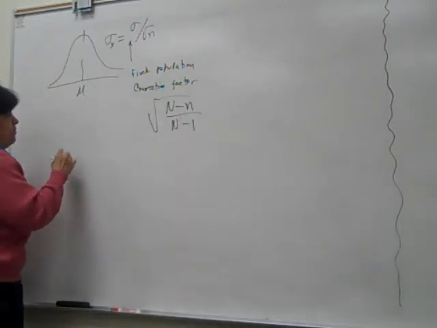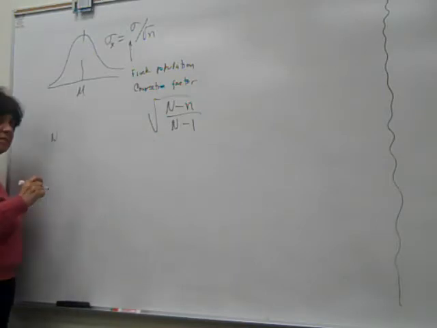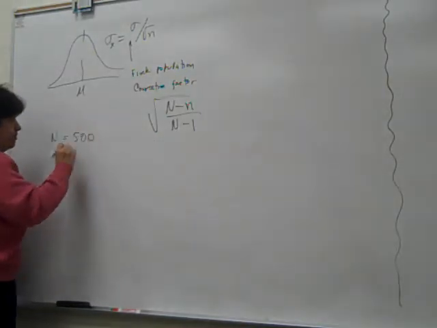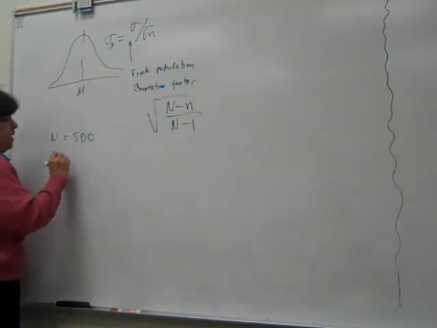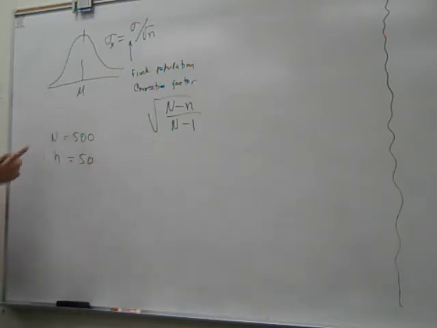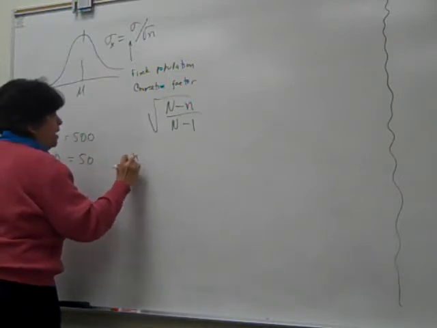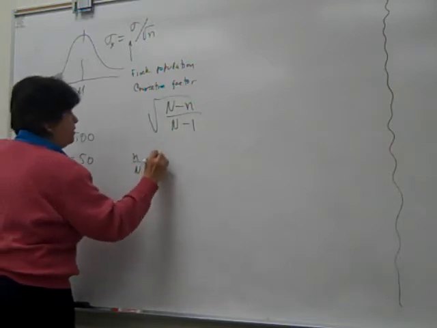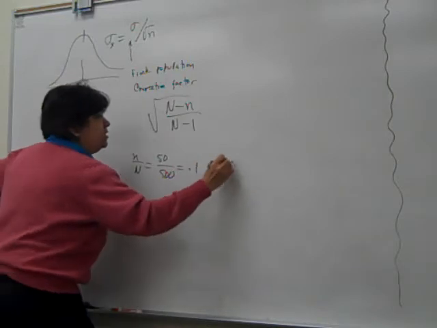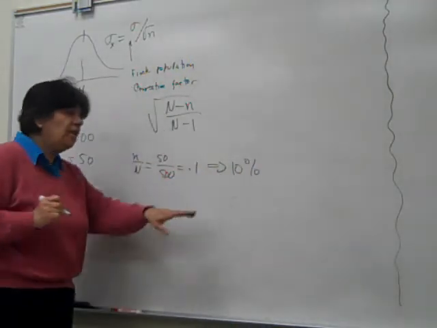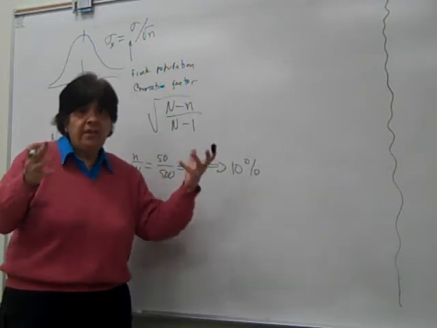So, for example, if I have the total population, capital N, equal to 500, and I get a sample, small n, equal to 50, what is the percentage taken? The percentage is n divided by N, that's equal to 50 divided by 500, that is 0.1, and this is 10%. 10% is higher than 5%.